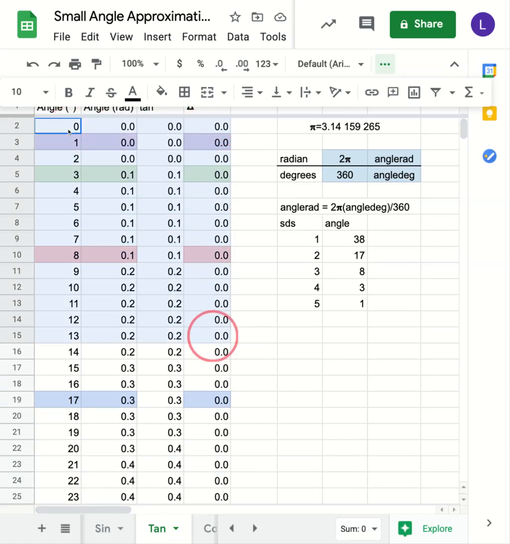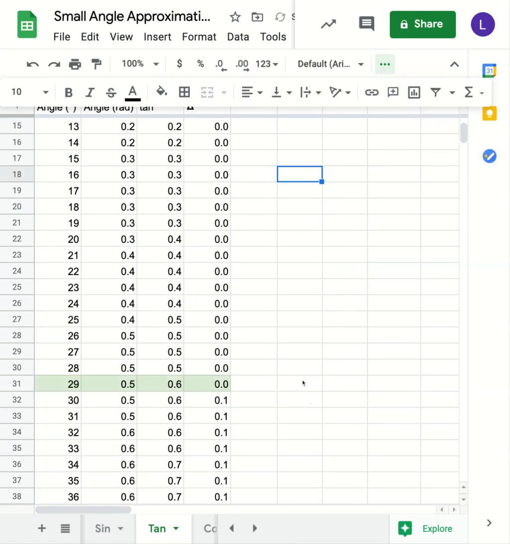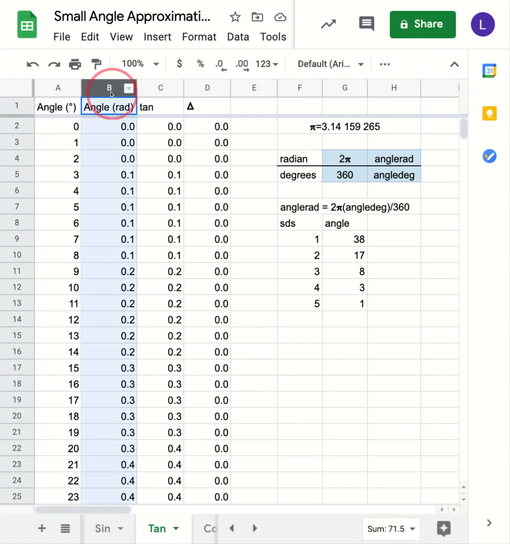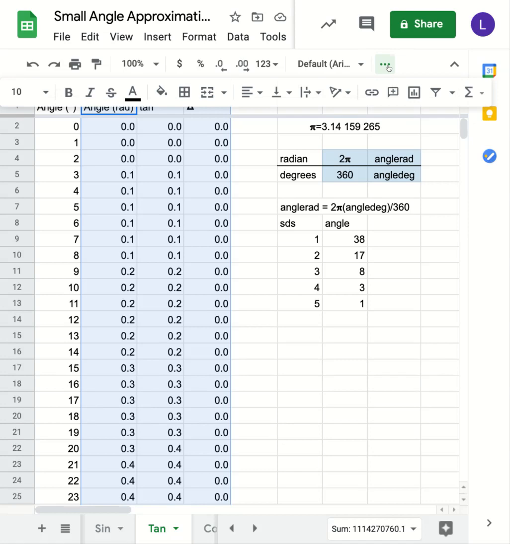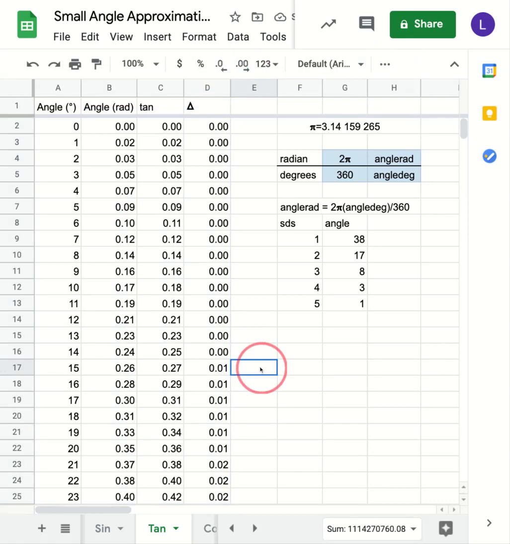Let me get rid of the markers from before. And now the moment we're waiting for, does it work at 2 significant digits? And the answer is yes. We get it at 2 significant digits, 14 degrees.